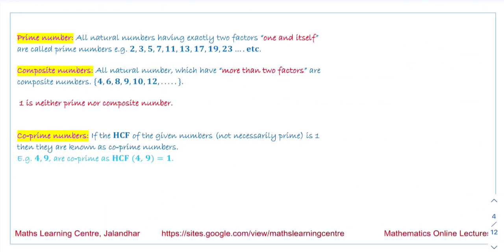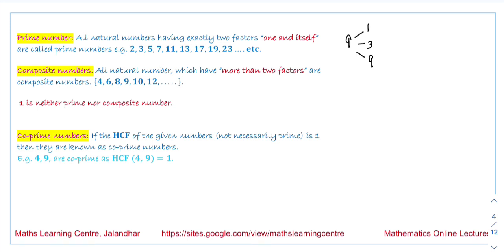Next we are talking about the prime and the composite numbers. For the definition of prime numbers and composite numbers, we are looking at the factors of a given number. Suppose I am talking about the number 9, its factors are 1, 3 and 9.